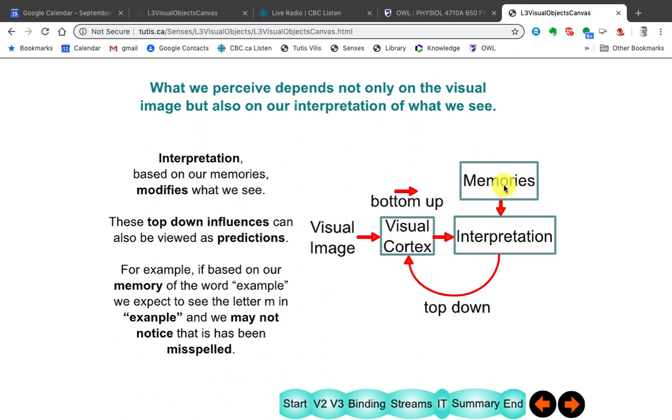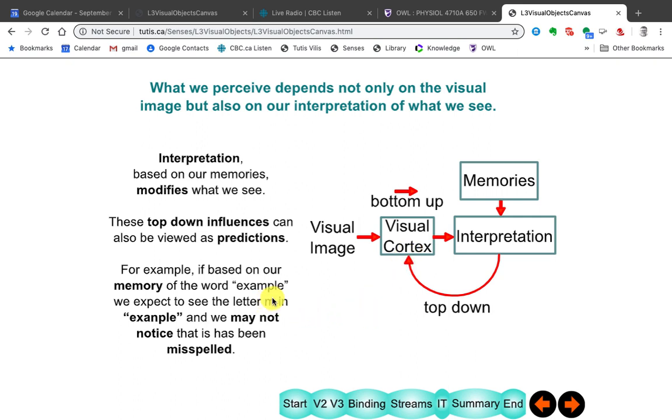But this interpretation is also affected by memory, which then feeds back to the visual cortex, filling things in. So, for example, when those two lines were parallel to each other, close by, the brain filled in the line in between.